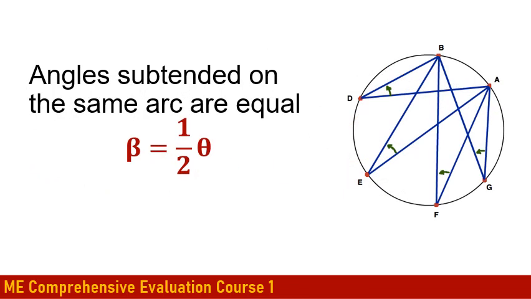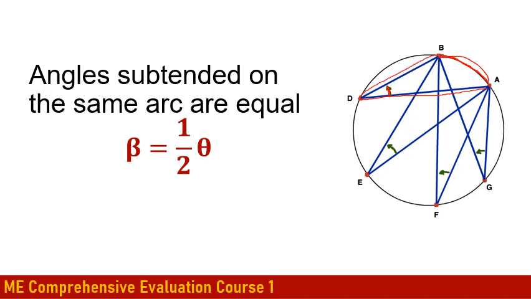Then we have the angles subtended on the same arc are equal. Say for example, you have here an arc AB. All of these angles that subtend this arc AB are all equal, and they are your angle beta here at point D. So this subtends AB, as you can see here.